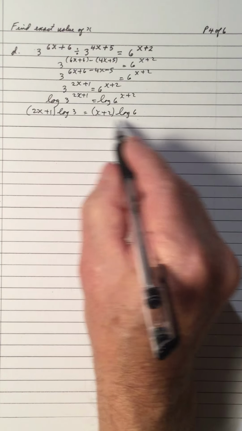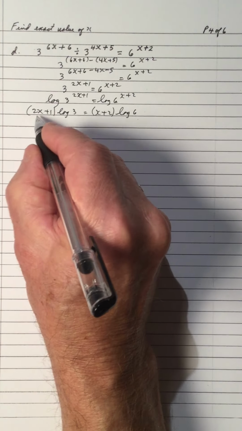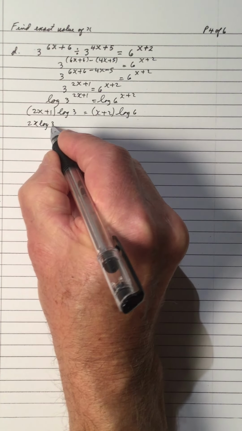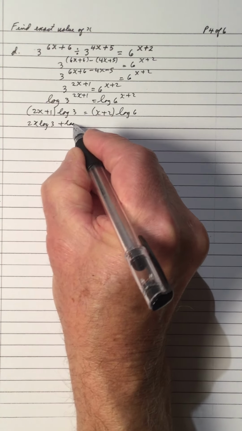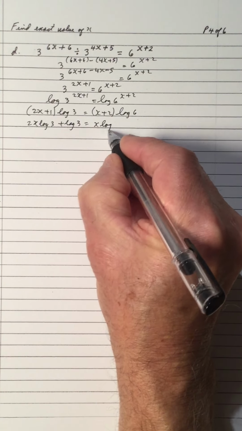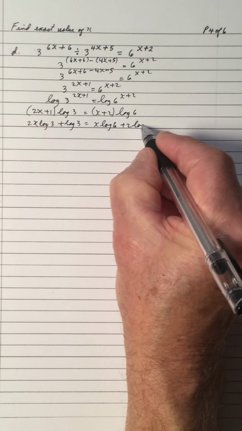And rather than divide here, it's easier to multiply, so there's 2x log 3 plus log 3. X times log 6 is x log 6. 2 times log 6 is 2 log 6.